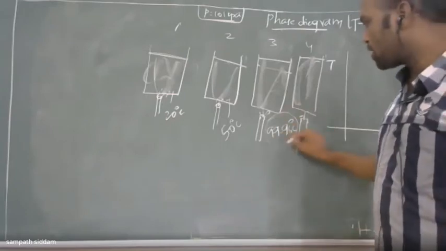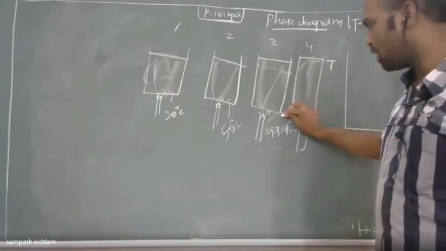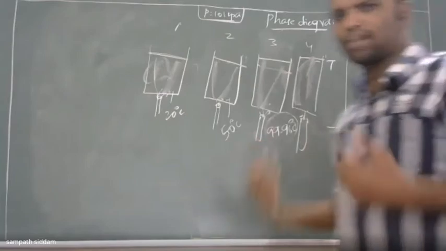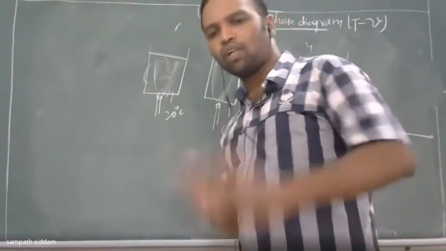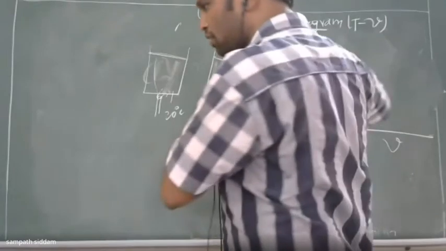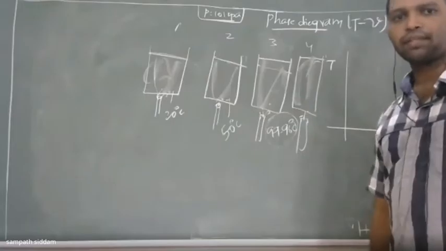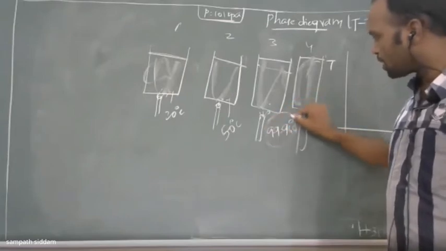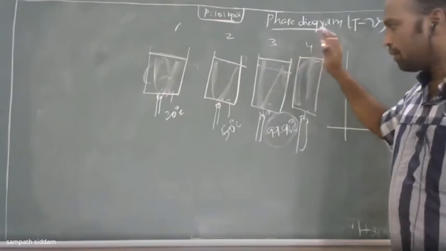Now my question is, at this temperature when boiling has started, if 1 liter of liquid is present, will the complete liquid be converted into vapor at this temperature itself? No. Yes, good. Because this temperature only begins the conversion into the vapor state.